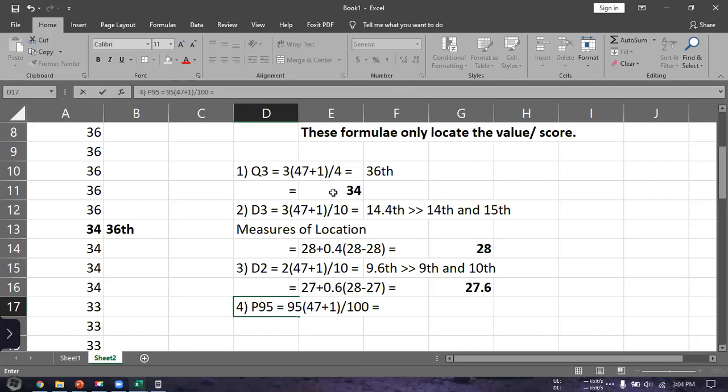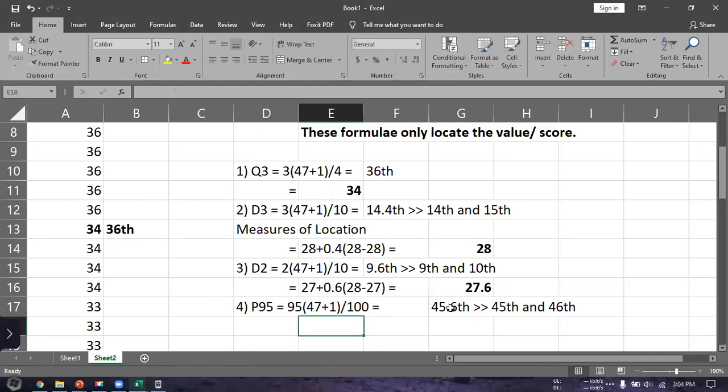What is the location? 45.6. So we'll be using the 45th and the 46th.